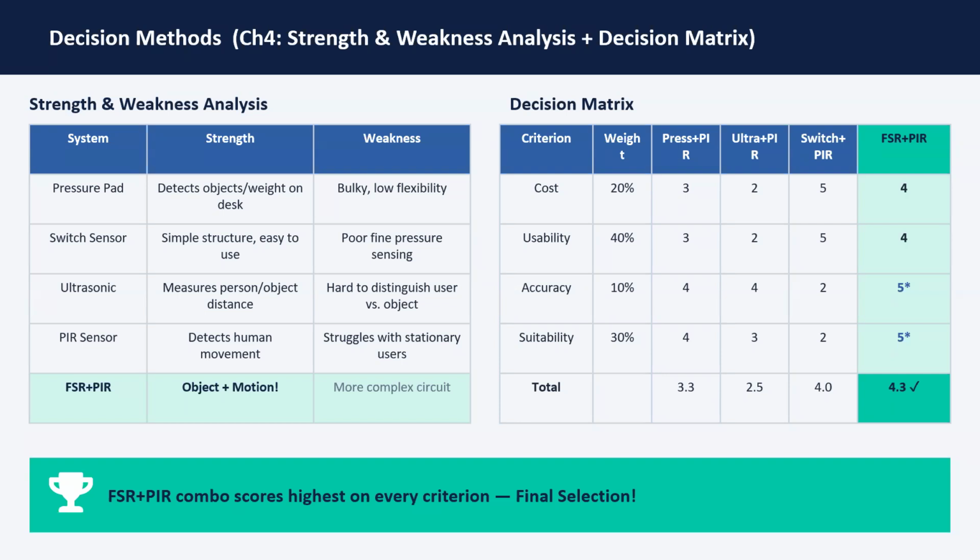The mechanical switch and PIR combination received low scores in precision and usability, while the ultrasonic sensor combination showed high possibilities of malfunction due to sensing range limitations.